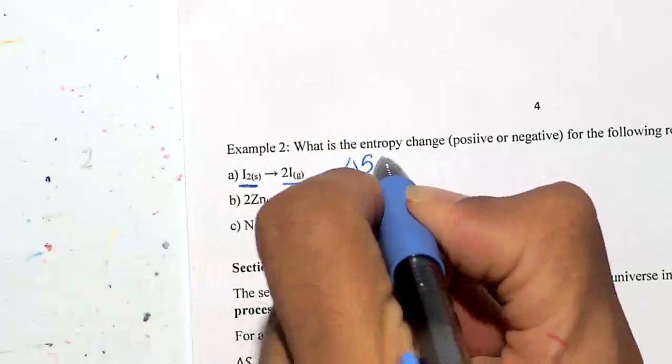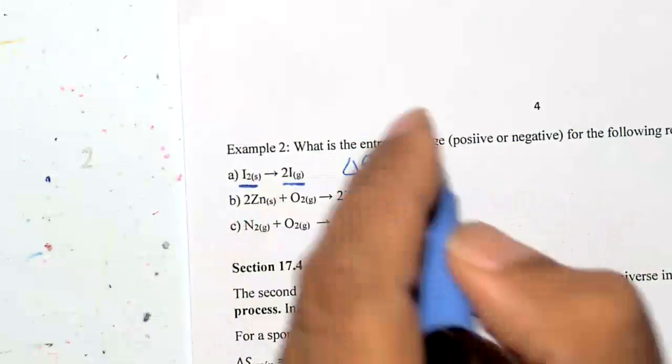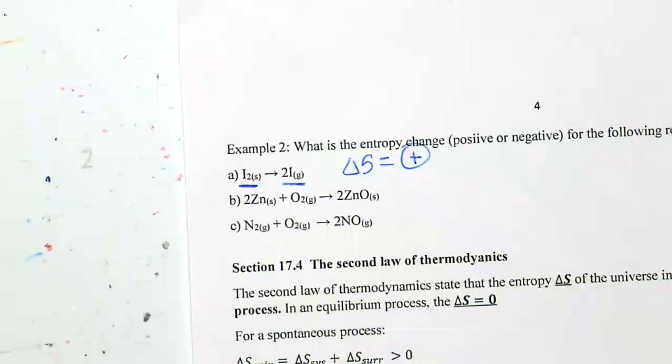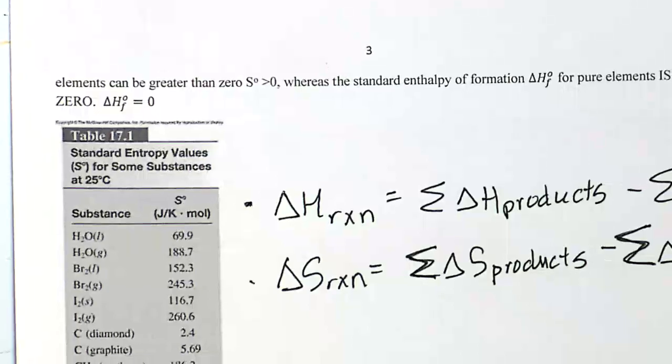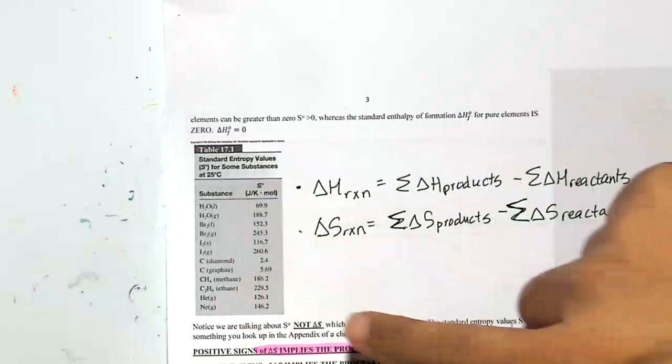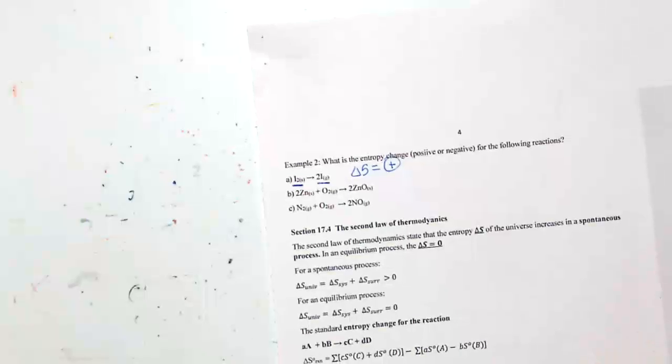Positive. Yes, very good, positive. When we do this equation and put in the numbers for these values, for these elements, we would expect that number to be positive.